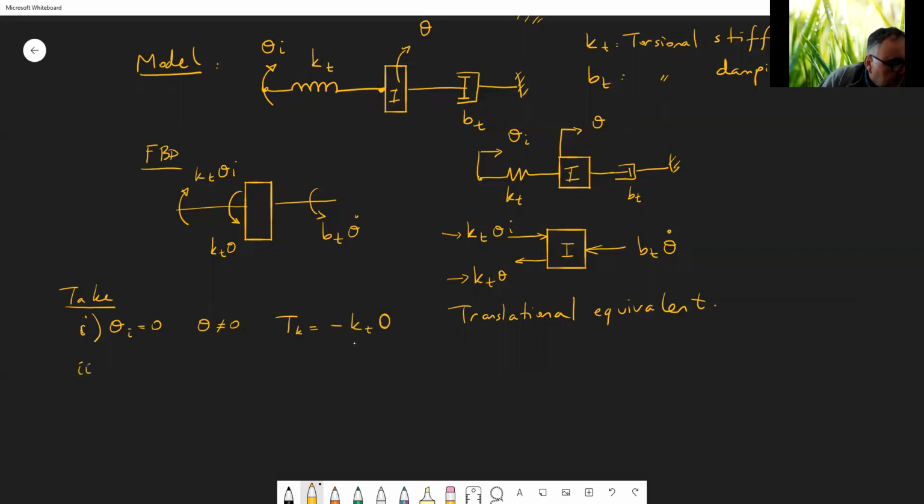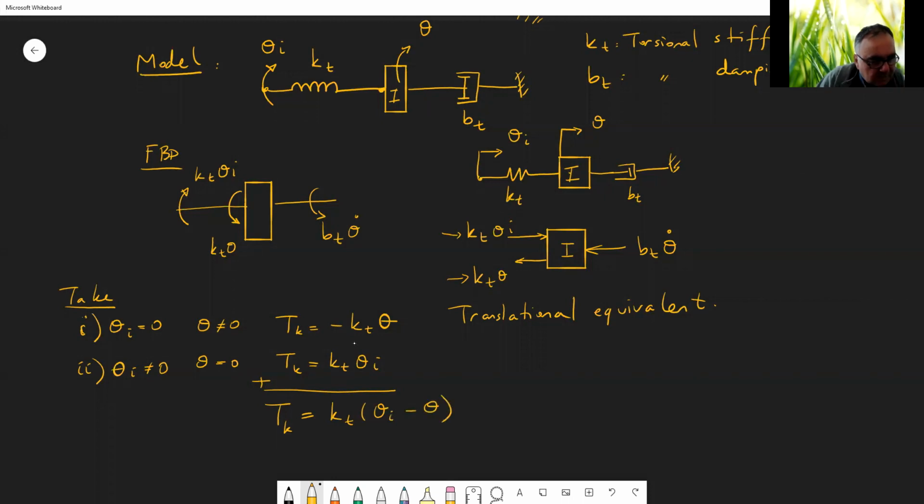And the second case, if theta I is not 0 but theta is 0, in that case Tk would be Kt times theta I. And if you make the superposition, well, this is not a real summation, but a superposition, Tk is Kt times theta I minus theta.